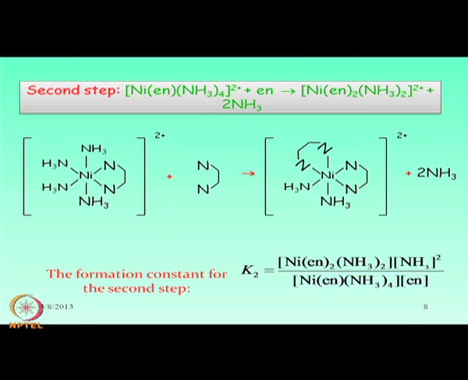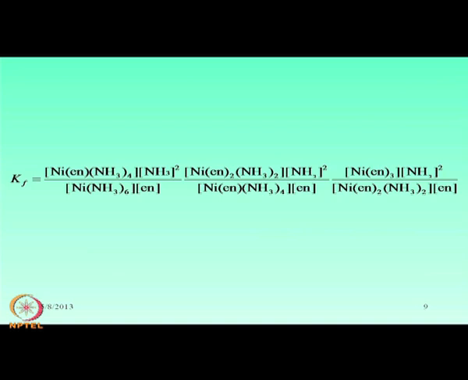If we are able to know the concentration of the intermediates, the very transient species which are very fast disappearing from the solution medium, because it is immediately reacting with the third ethylene diamine molecule, we should then be able to find out the value for the second step, that means the K2 value for the reaction.